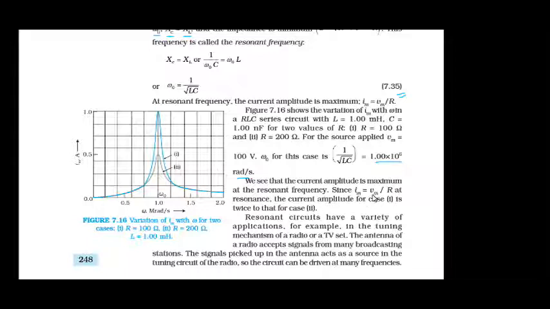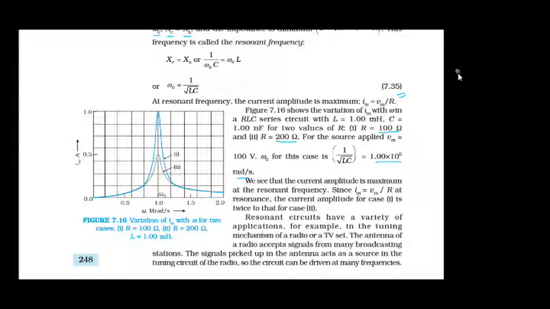Since Im is equal to Vm upon R at resonance, the current amplitude for case 1 is twice that of case 2. Why? In the first case, resistance is R equal to 100. In the second case, R is equal to 200.